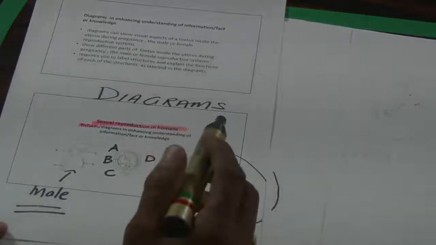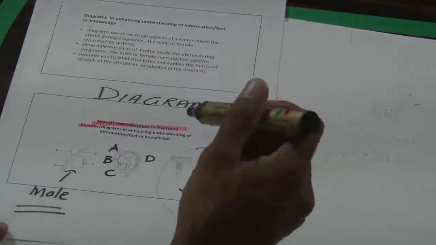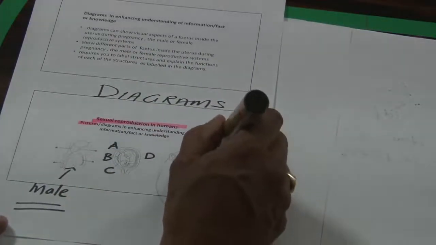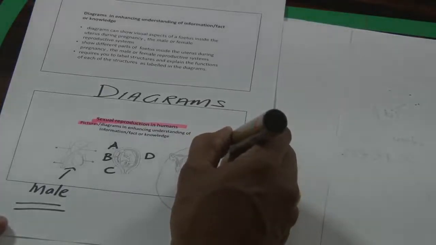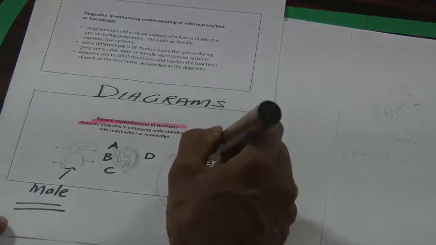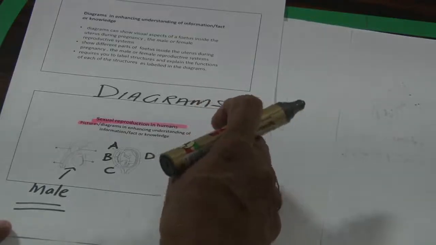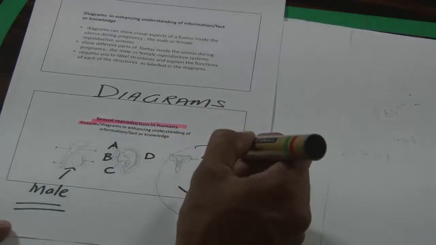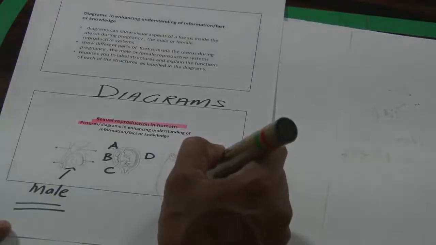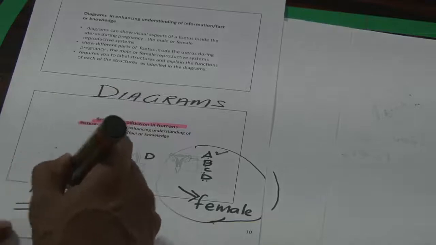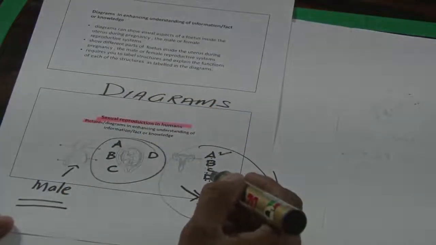If you look at previous questions where this type of diagram was used, usually you are asked to identify or label the parts like A, B, C, D. You are given A, B, C, or D, and then to label, meaning that you have to identify which part is A, which is B, which is C, and which is D. The same with the male reproductive system, and the same with this one.